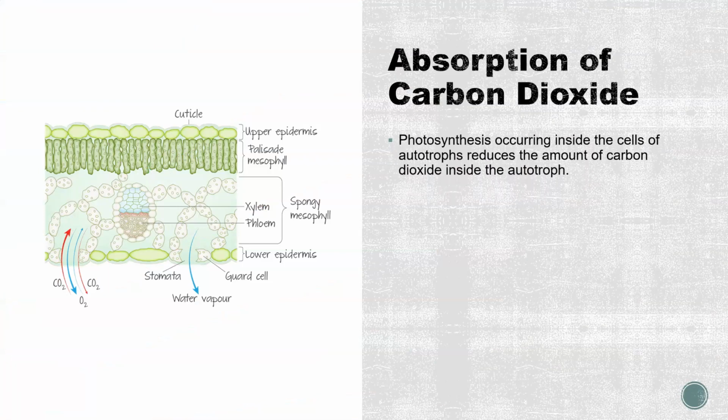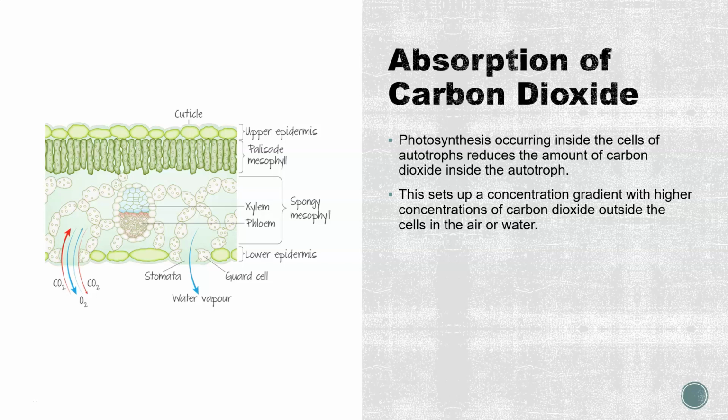Photosynthesis occurring inside the cells of autotrophs reduces the amount of carbon dioxide within the autotroph. If an autotroph has carbon dioxide within its structure, that would then be used through photosynthesis, so it reduces the amount.